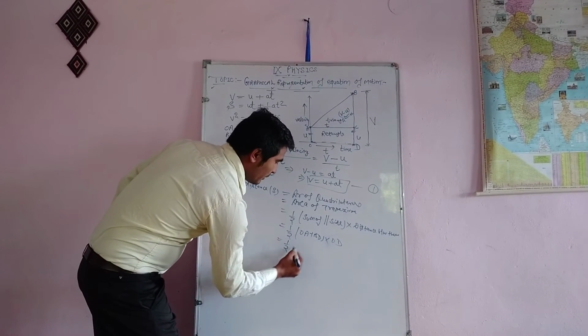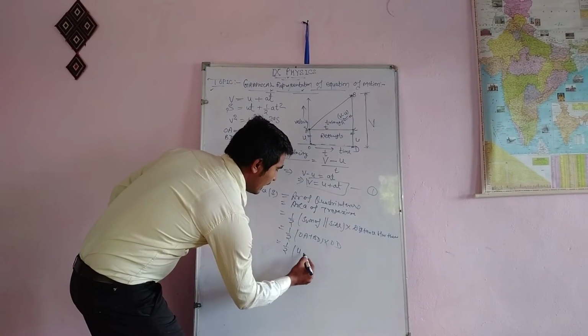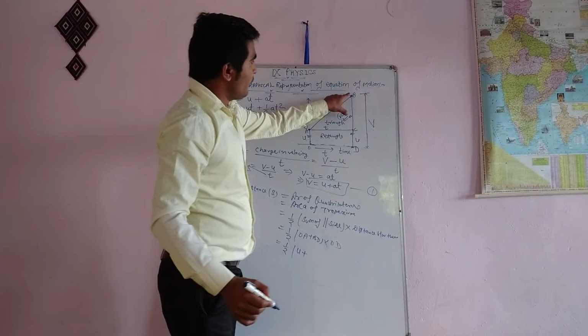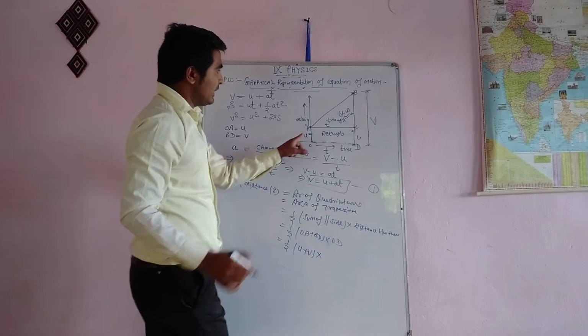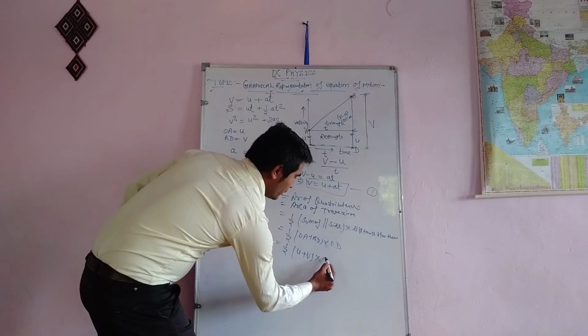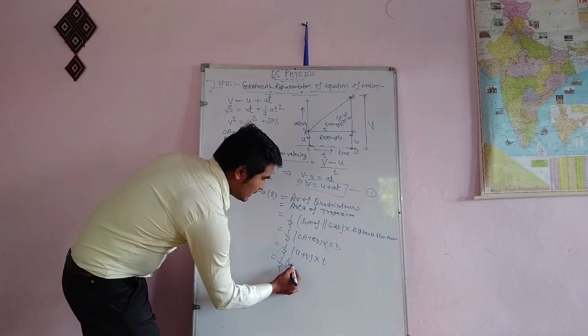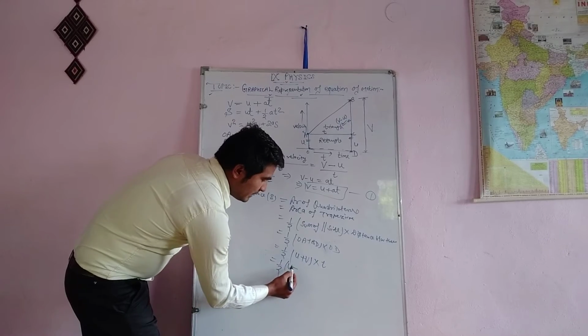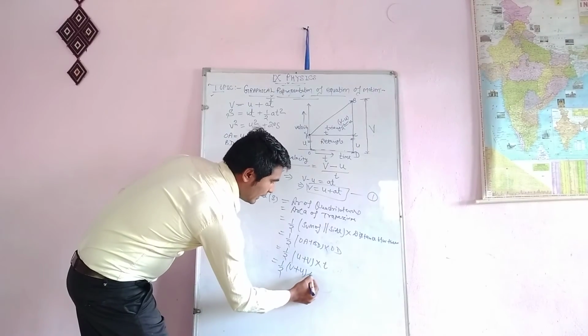Now 1/2 (OA + BD) into OD. The value of OA is u, the value of BD is v, and OD is the time taken, t. So it is 1/2 (u + v) into t.